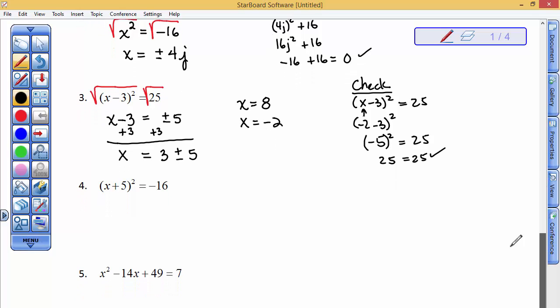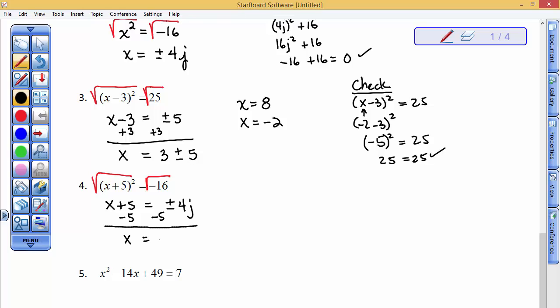So again, we continue on. Let's go ahead and take the square root of both sides, but I have an imaginary value here. So this would be x plus 5 equals plus or minus 4j. When I take this positive 5 over here, I subtract 5 from both sides. I always put it in front.